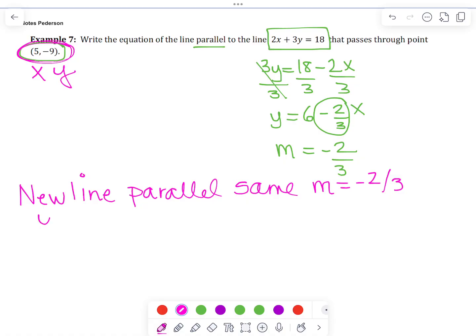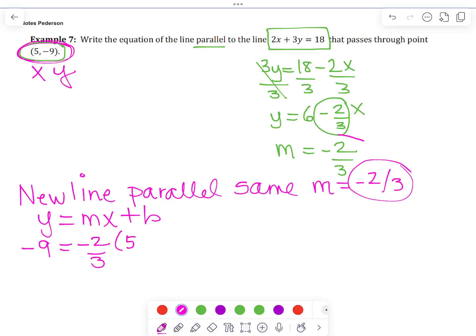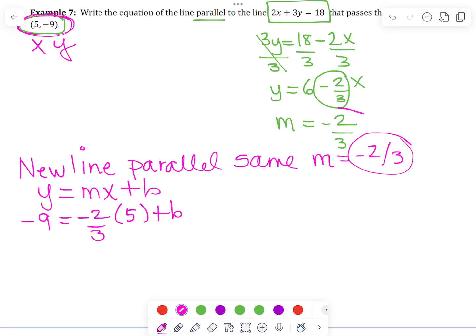So we're going to use y equals mx plus b again. We know the m, so we sub it in. The y is -9, the m is -2/3, the x is 5. We find out what b is. We multiply -2/3 times 5 and get -10/3.